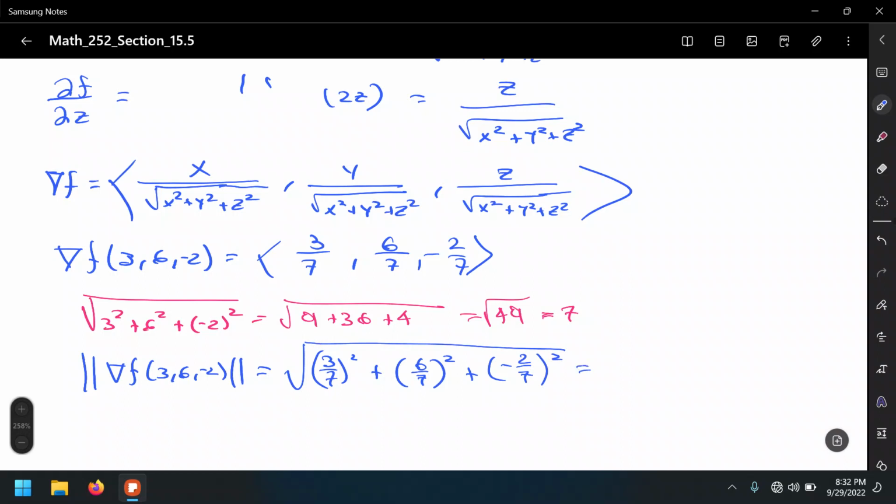All right. So the good thing, all denominators are the same. They're going to be 7 squared, which is 49. 3 squared, which is 9. 6 squared, which is 36. 2 squared, which is 4. So again, 49 over 49. So 1 will be the largest slope in the surface for the point (3, 6, negative 2).